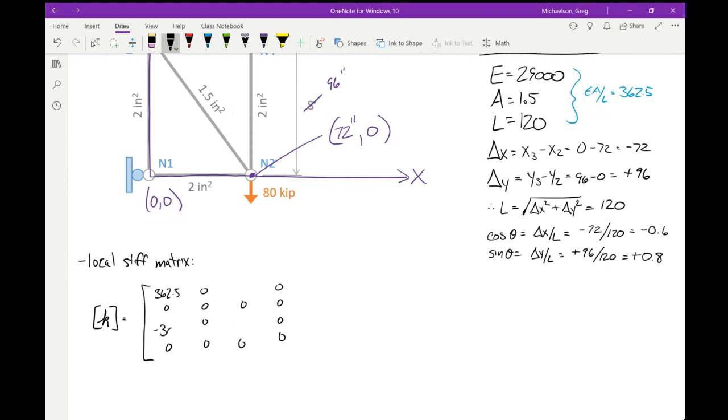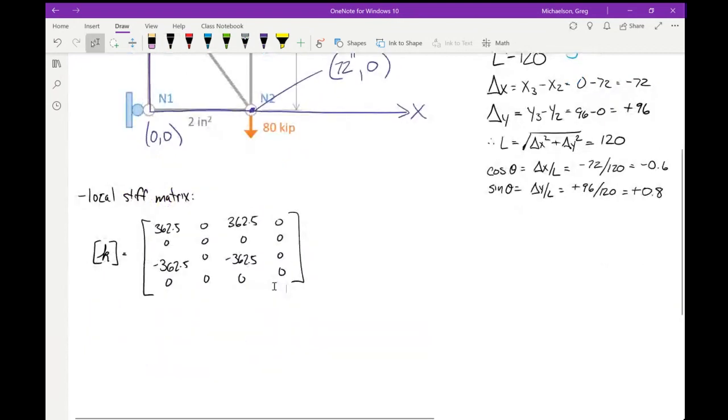362.5 minus 362.5, 362.5 minus 362.5. So yeah, that's your local K matrix. And then your T matrix, this is the new one. So here's what the T matrix looks like.